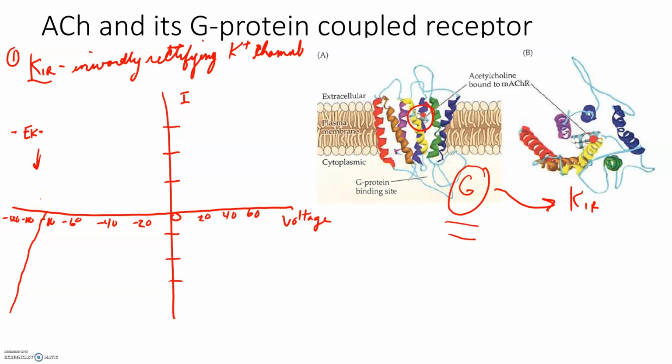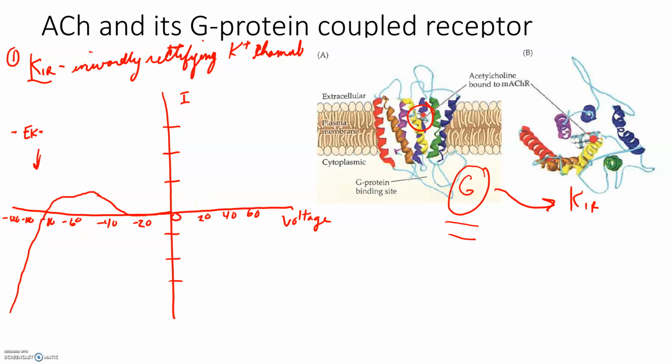Now, what happens when the voltage of the cell is increased and these channels are active? Say the voltage of the cell is, I don't know, minus 60 or minus 40. We see very little outward current, to the point where there's really no outward current whatsoever, no current at any voltage that's more depolarized, okay?